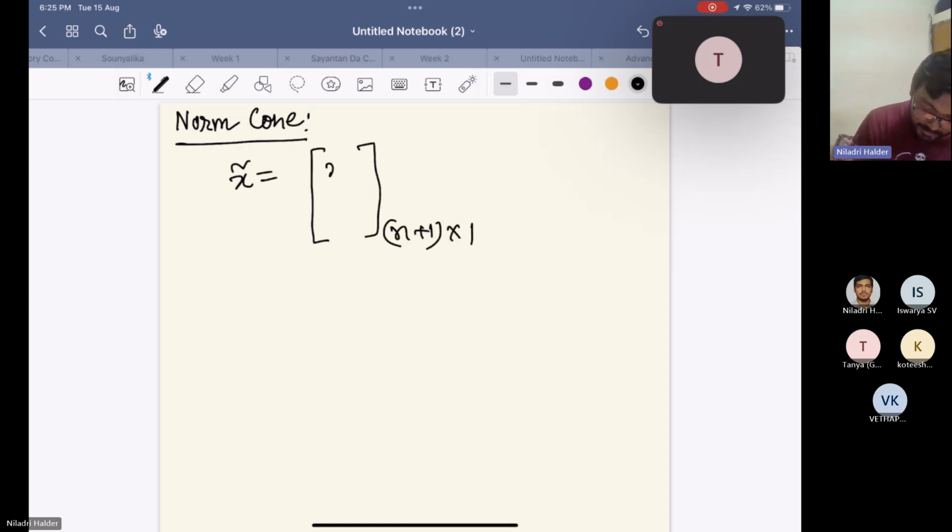The first n elements form an n-dimensional vector, and another element is x n plus 1, which is a scalar.